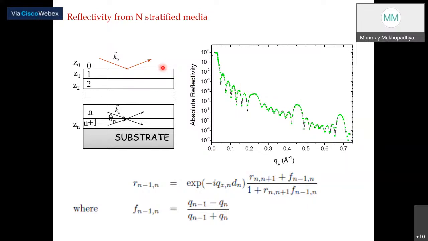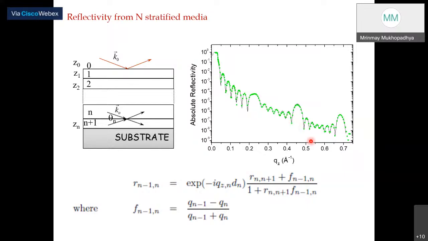But instead of one single surface, you can have multiple materials. In real systems, we have this kind of graded surface. You can have thick layers and thin layers of different materials, and then a complicated reflectivity profile.